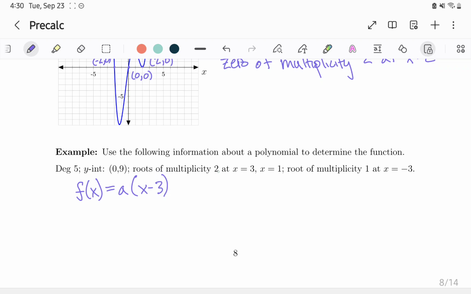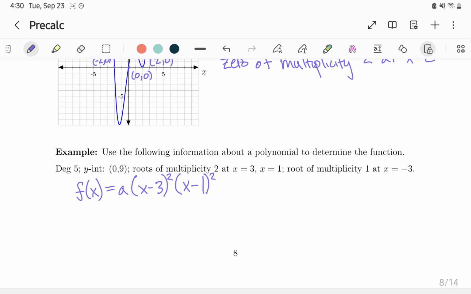And since the multiplicity there is 2, we're going to have 2 factors of x minus 3. So in other words, x minus 3 squared. And similarly, since we have a root of multiplicity 2 at x equals 1, well, having a root or a 0 at x equals 1 corresponds to our polynomial having a factor of x minus 1. And since the multiplicity is 2, we're going to have x minus 1 squared.